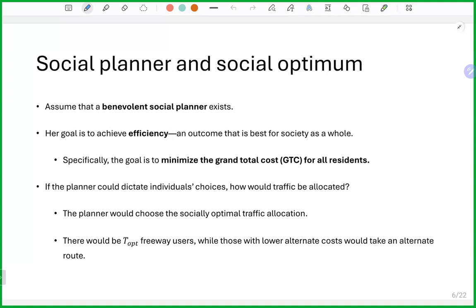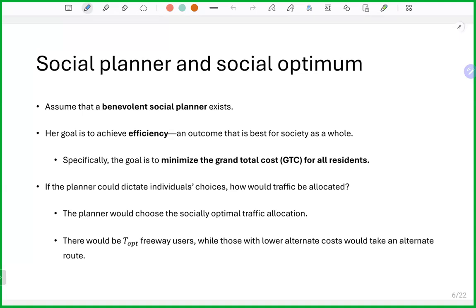Okay. And then, until this point here, what the planner would choose is: first sort individuals by their alternate cost.